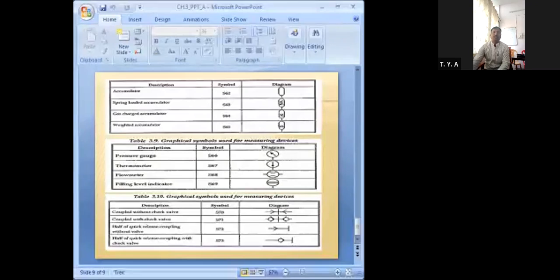So these are the different symbols which are used for the fluid power circuit. Because the combination of all these relevant symbols, if you connect them to each other, that is your hydraulic circuit of the fluid power system.